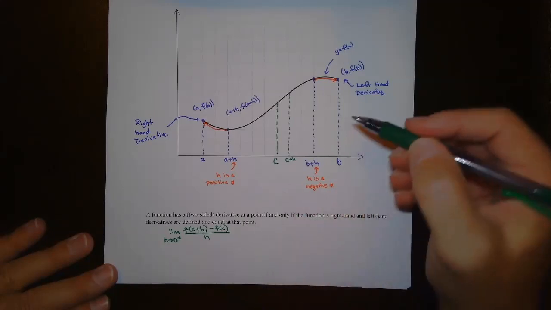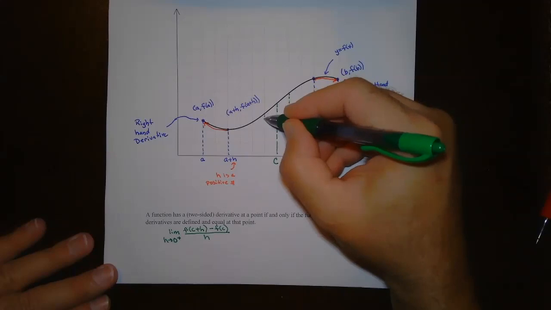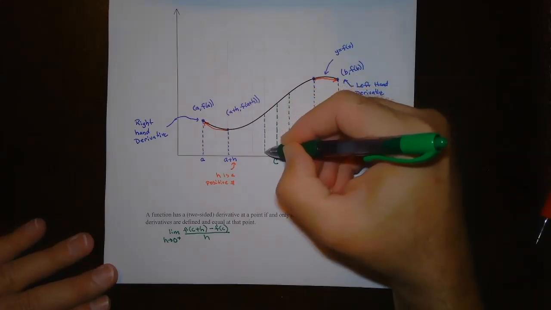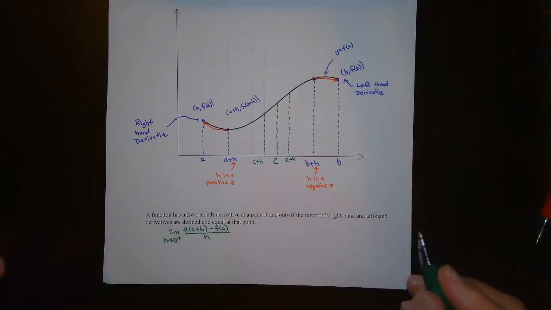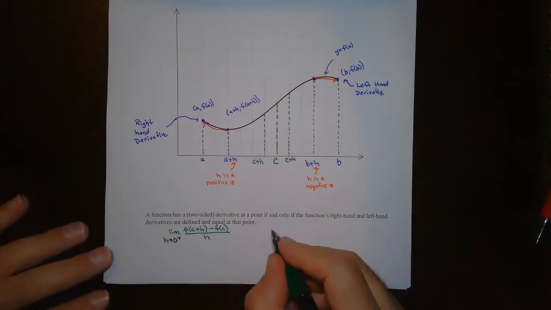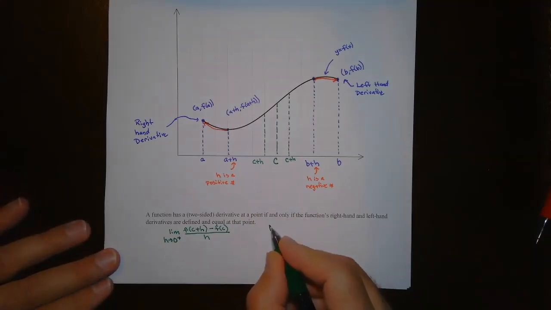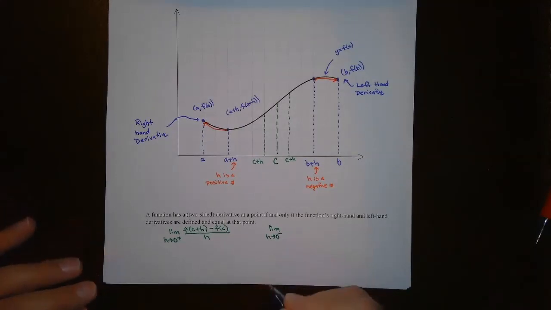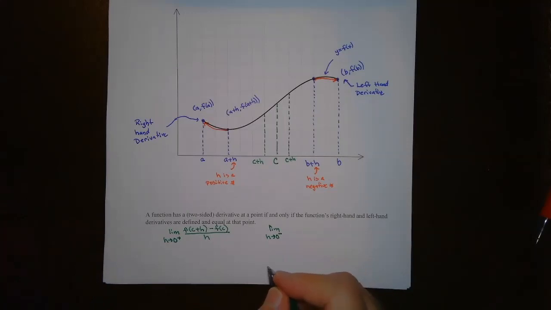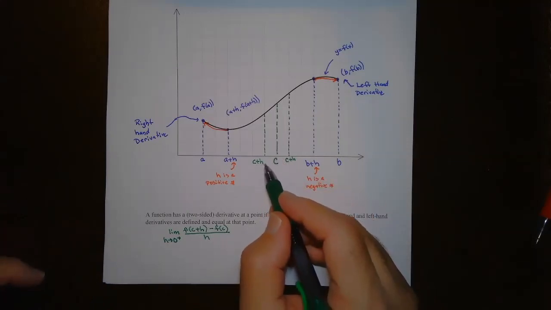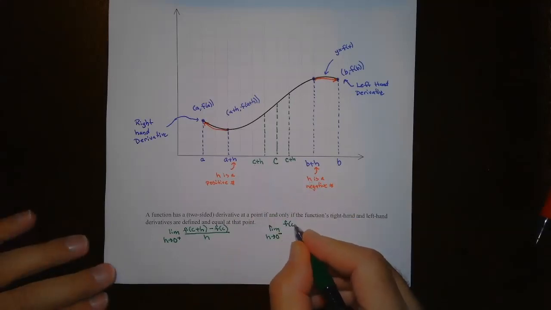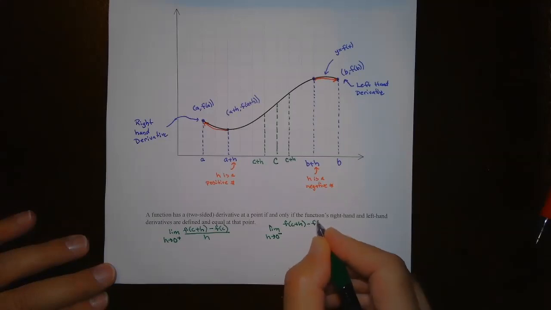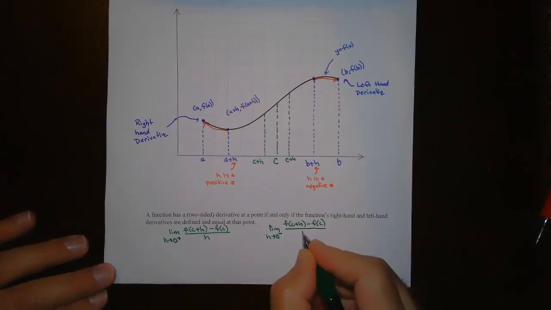Okay, and then we're going to do one on this side. And this one would also be C plus h. But how am I going to get it on the left-hand side? I have to take the limit as h approaches 0 from the left of 0, which means my h's are negative, which means I'm adding a negative value, which would put me on the left side of C, of f of C plus h minus f of C over h.